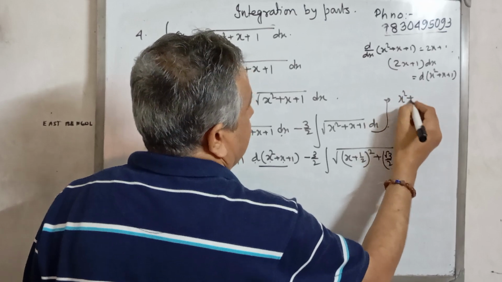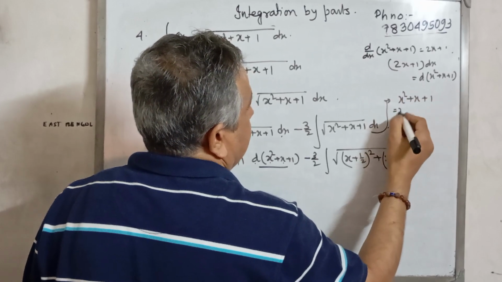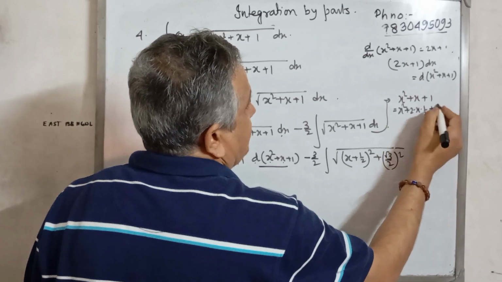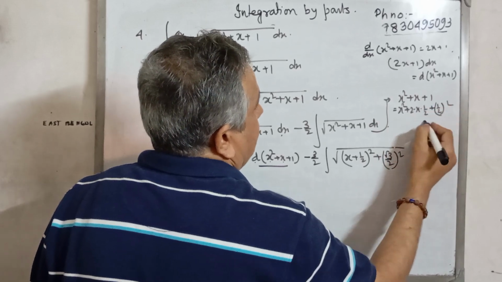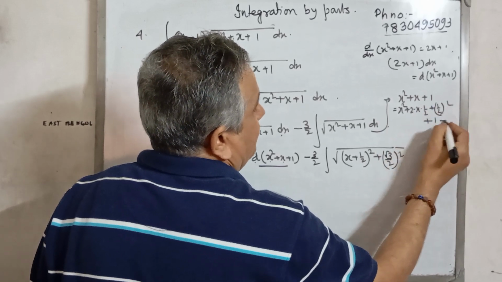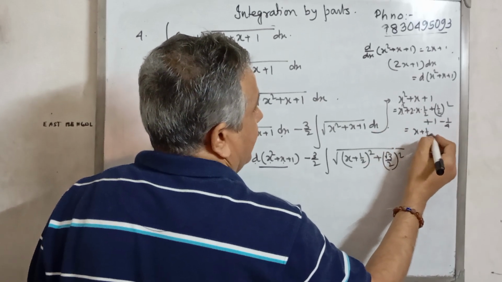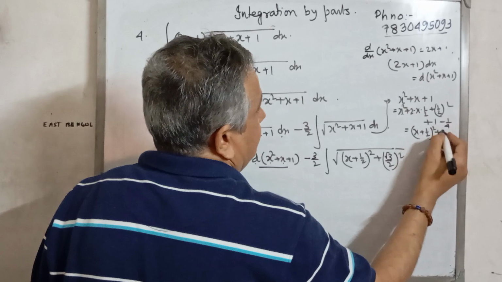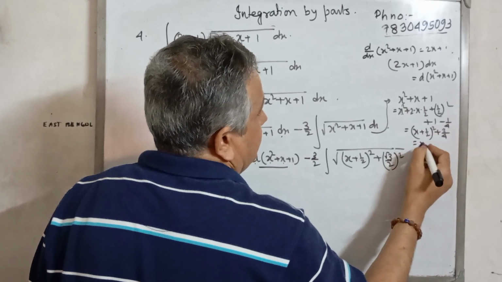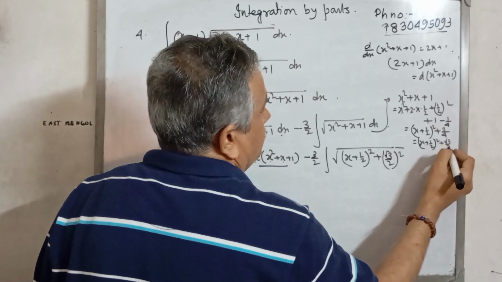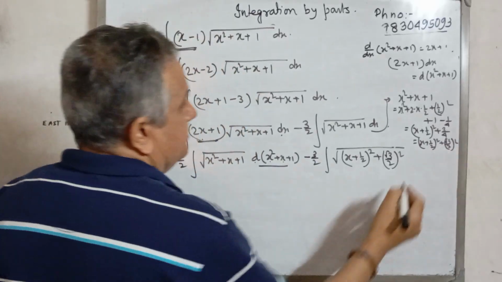X square plus x plus 1, we can write as x square plus 2 into x into half plus half square, and we add 1 by 4 and subtract 1 by 4, so it becomes x plus half whole square plus 3 by 4, that is x plus half whole square plus root 3 by 2 whole square dx.